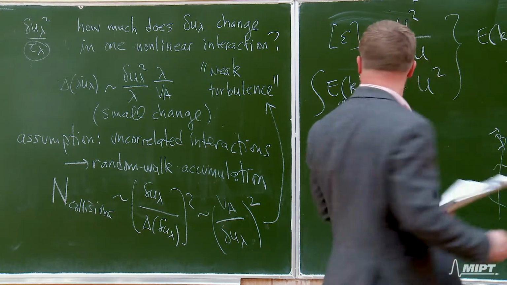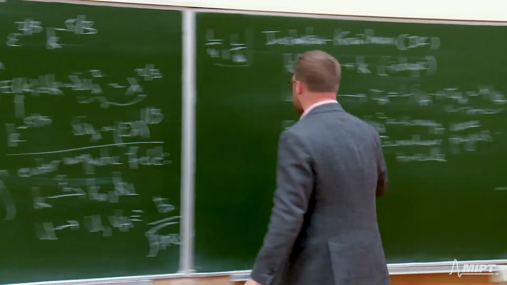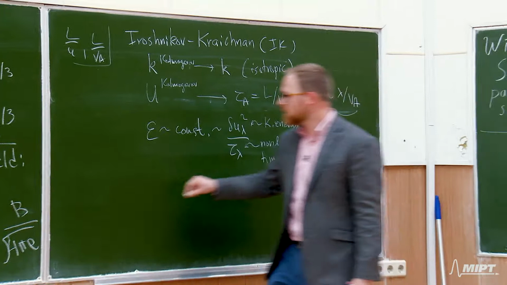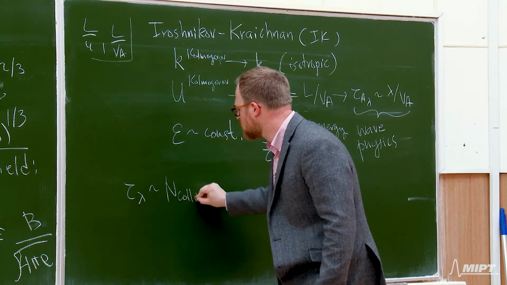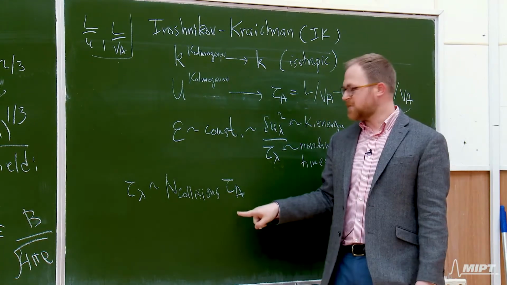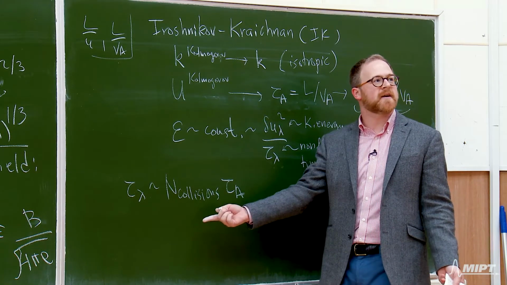So I'm going to take that. I want to leave this board there. I'm going to take those arguments and construct this nonlinear timescale. So this nonlinear timescale is simply these number of collisions times the Alfvén time. Every single collision happens on something like the Alfvén time. There's n of them.